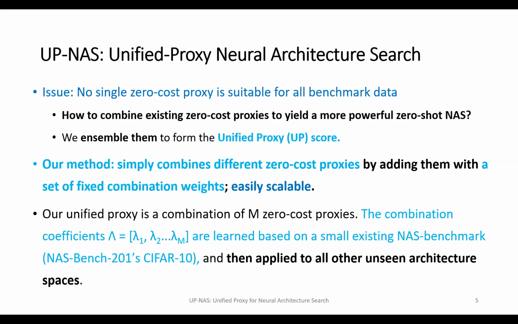For example, when we combine n zero-cost proxies, the combination coefficients lambda 1 to lambda n are learned based on a small existing NAS benchmark.